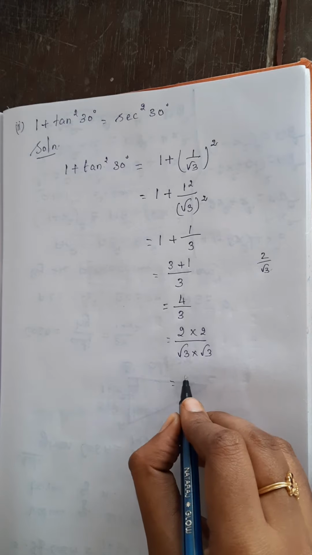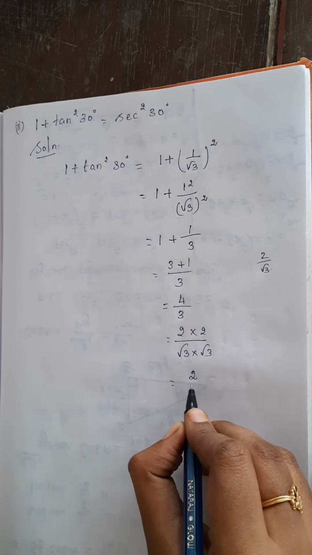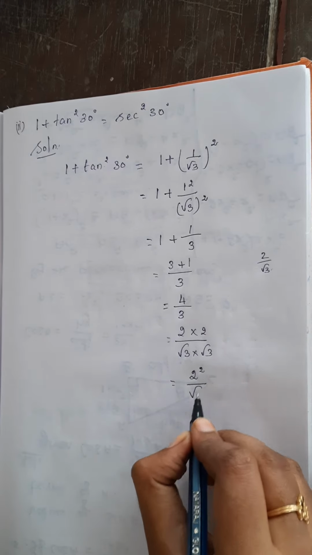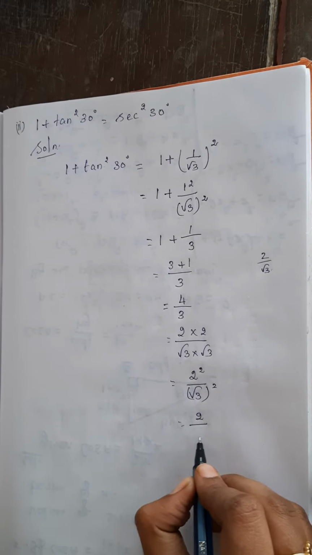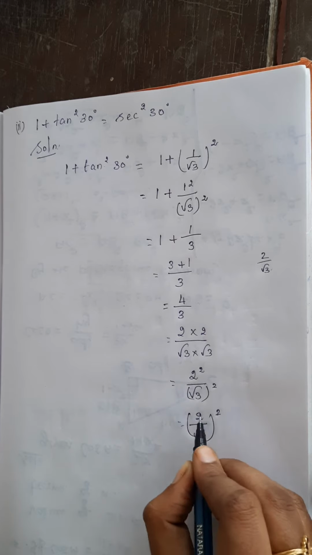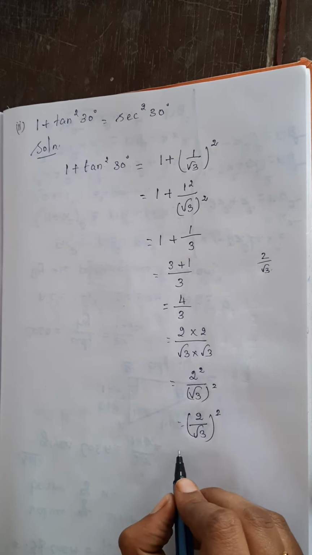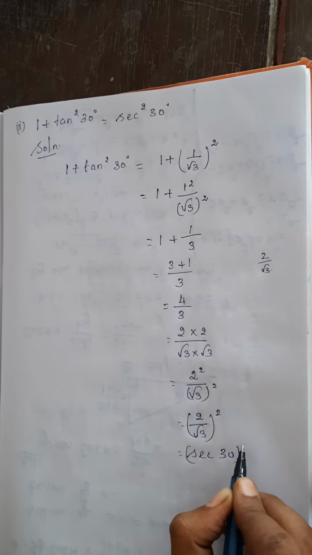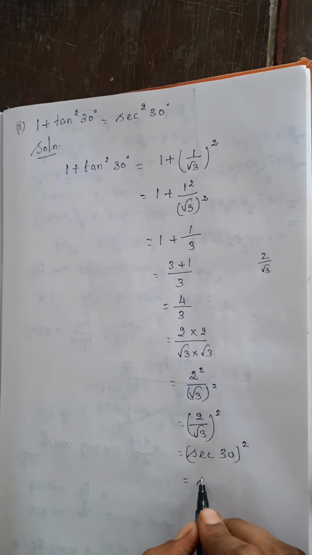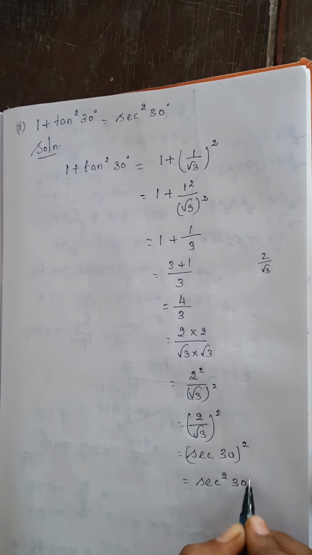Now, shall we write this as 2 square by root 3 square? Yes, that is equal to 2 by root 3 the whole square. Actually 2 by root 3 is secant 30 degree square. Already I told you it is equal to secant square 30 degree. That's all.